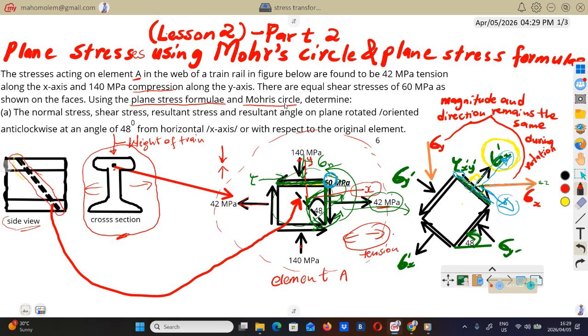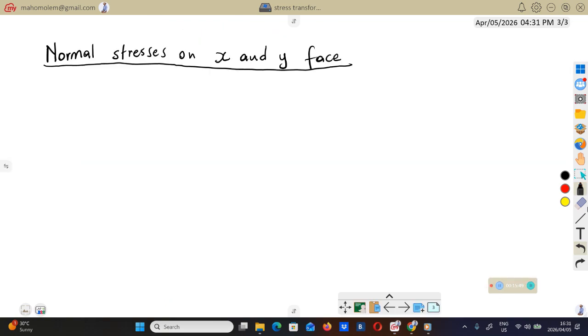The first question, let's calculate. Right, let's calculate normal stresses on X and Y face. Firstly, let's start with the plane stress formula.